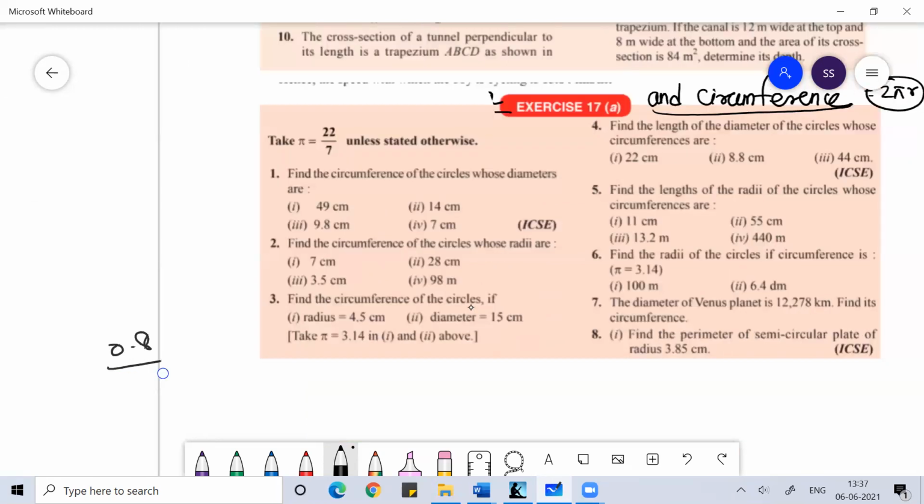Now the second question is given in terms of radius. In terms of radius, your formula is 2 pi r. In terms of diameter, your formula is pi into d. So if the radius is 7, then 2 into 22 by 7 into 7, your answer will be 44 centimeter.